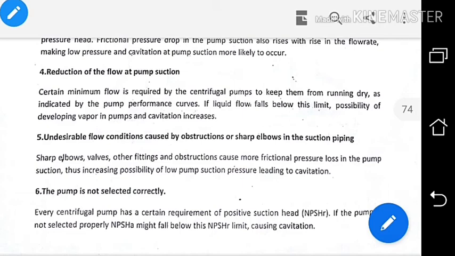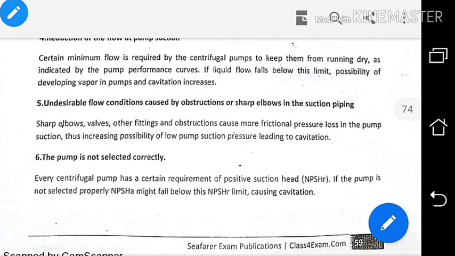I have discussed that if the temperature increases, vapor losses will increase, and if there is an obstruction in the suction piping, then the frictional losses will increase and it will reduce the NPSH. So the NPSH is reduced, and the pump will lose suction. If some amount of liquid flows into the pump, its pressure will be much less than the surrounding pump pressure, and the liquid flowing into the pump will make bubbles and collapse.